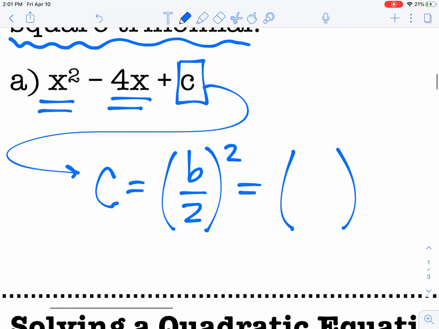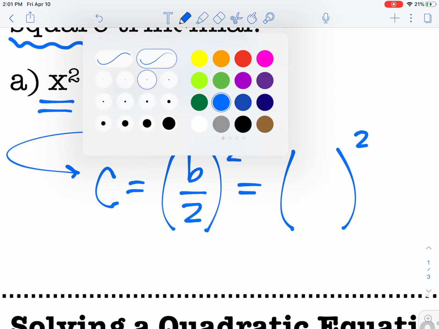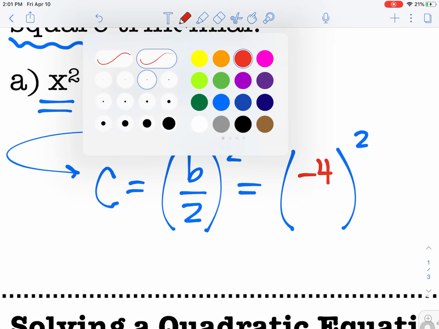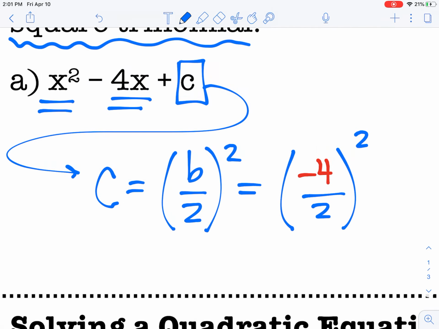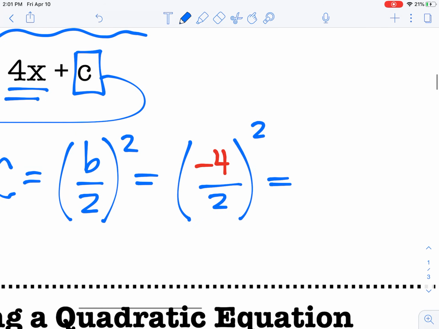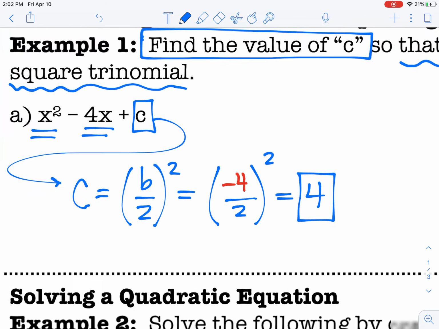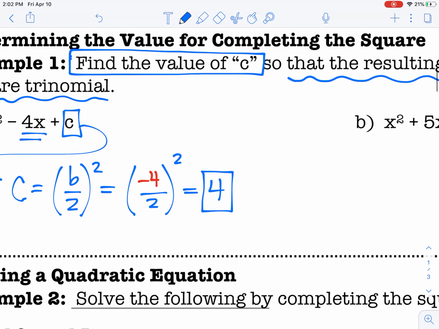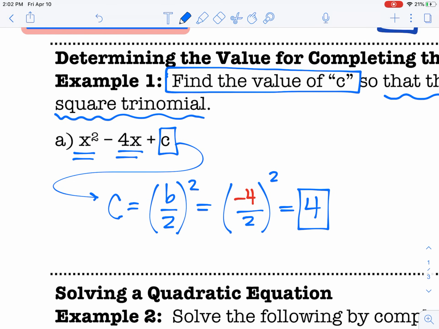So b in this particular case is -4. -4 divided by 2 is a -2, and a -2 squared should be 4. Now, because we're squaring, this last number should always be positive because the squared will take care of it no matter if it's negative or positive.